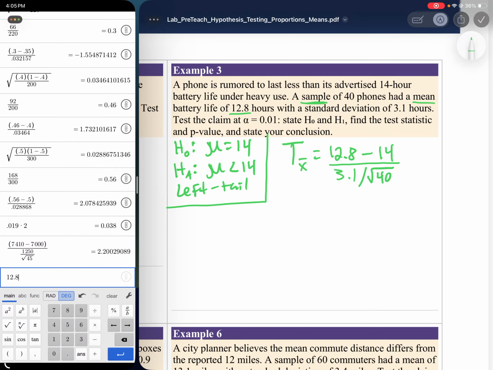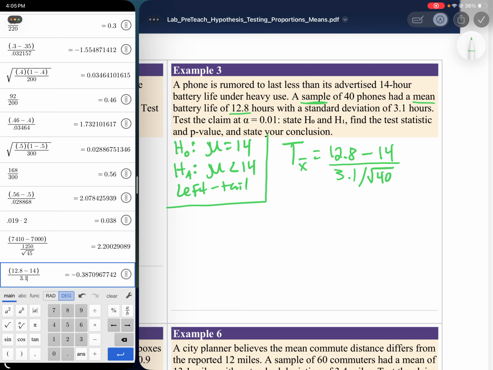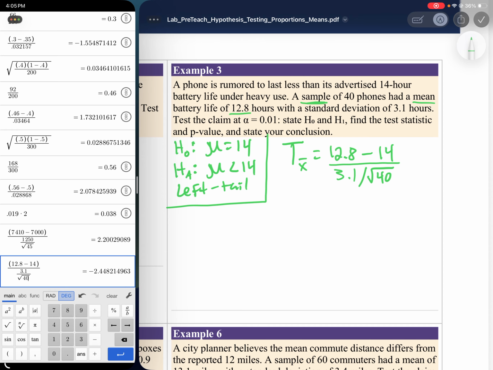So 12.8 minus 14 divided by 3.1 divided by the square root of 40. I will get a t-score of negative 2.4482. We already identified this as a left tail test, so I need to find the left tail. Since it's a left tail test, when I find the left tail, I automatically have my p-value.